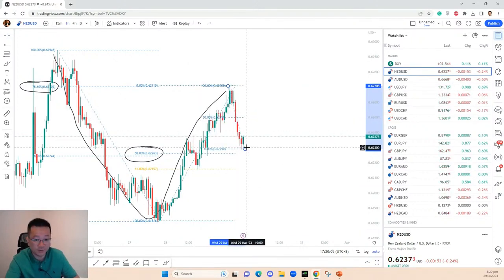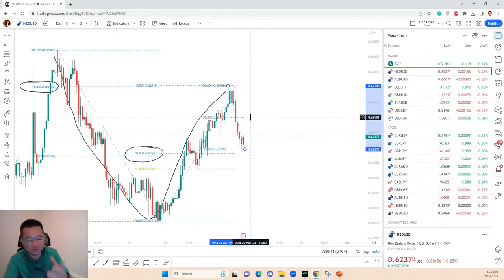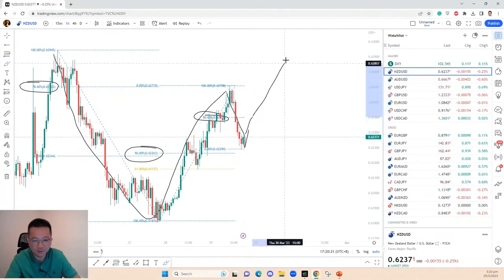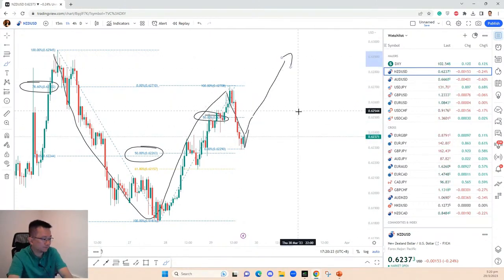So we're looking at this going, okay, if it bounces off 50 here and breaks above 0.6250, as a 50% level, then we could see this continue to the upside.